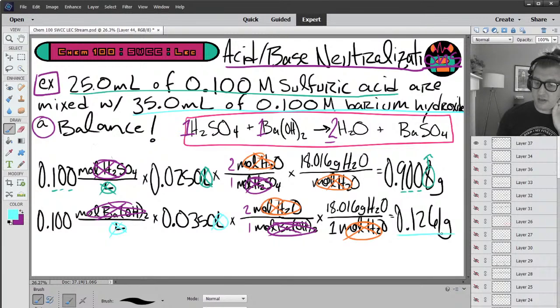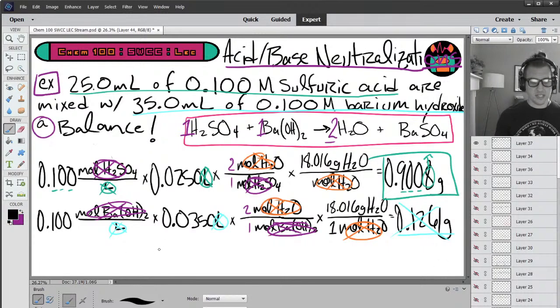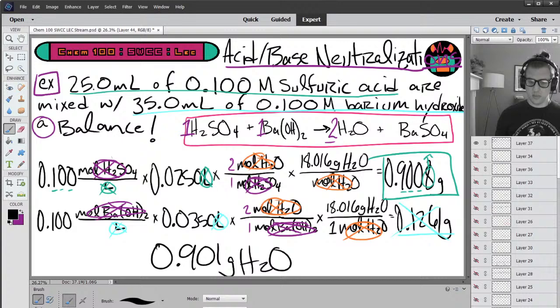But this number is clearly bigger, so it is not our theoretical yield, which means that our first value is. We've got to round to 3 sig figs, so this is 0.901 grams of water. This is our theoretical yield.